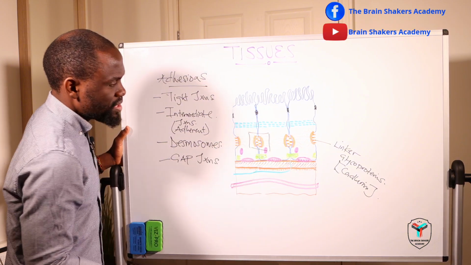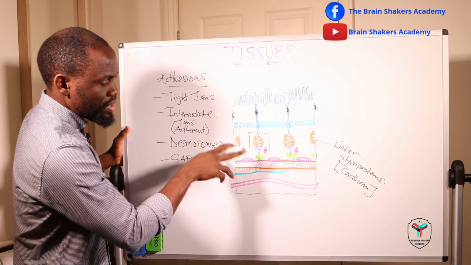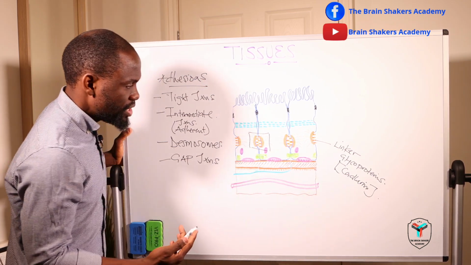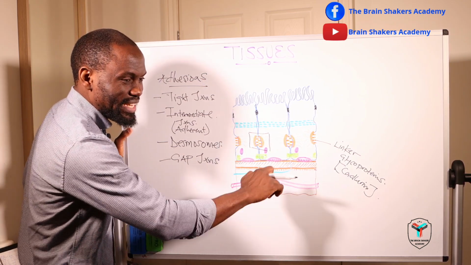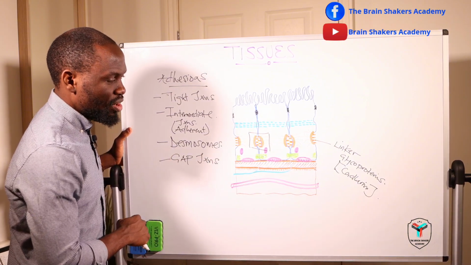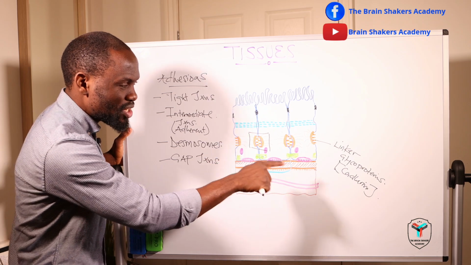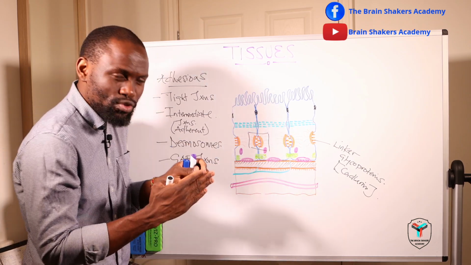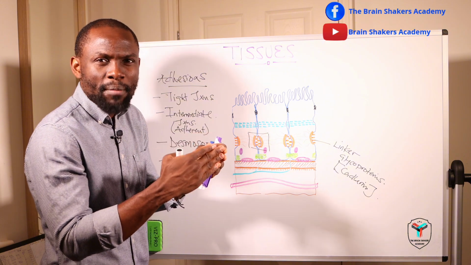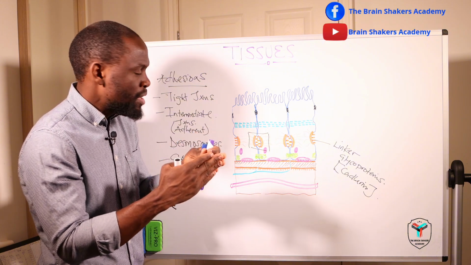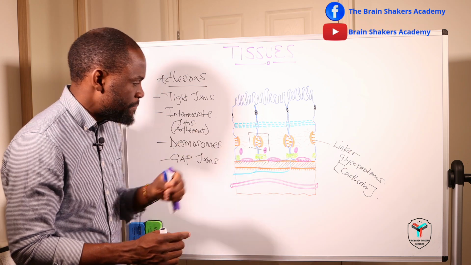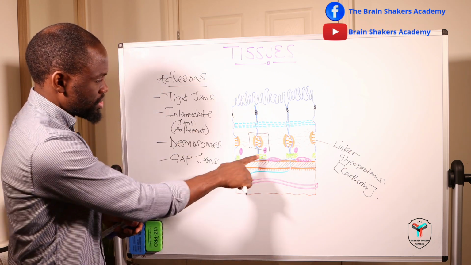Gap junctions are also very important in the transmission of nerve impulses or the action potential, because they facilitate faster movement, a quicker activation of that action potential from one cell to another, so that when the cells have to perform their function, they perform it at the same time, because they'll be stimulated at the same time by the facilitation of the action potential by the gap junctions here.